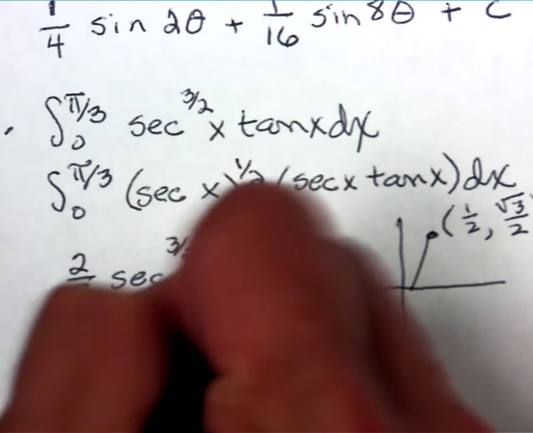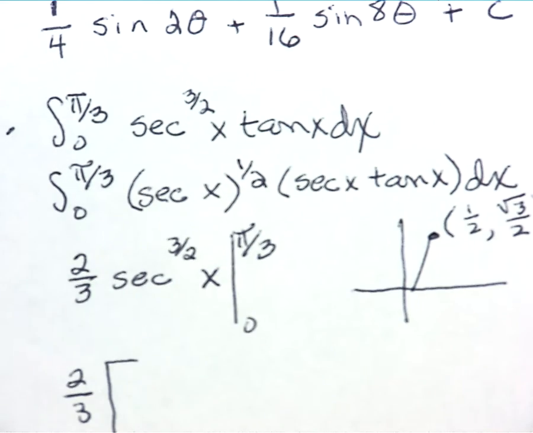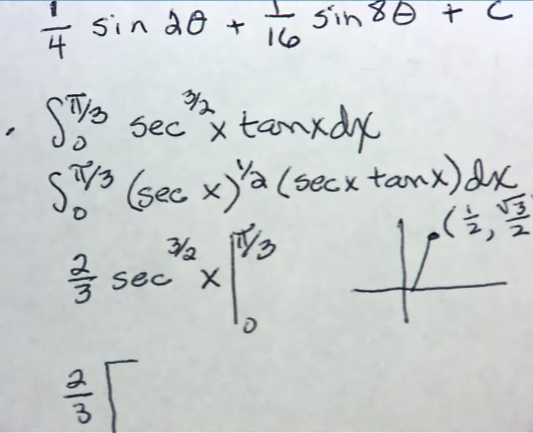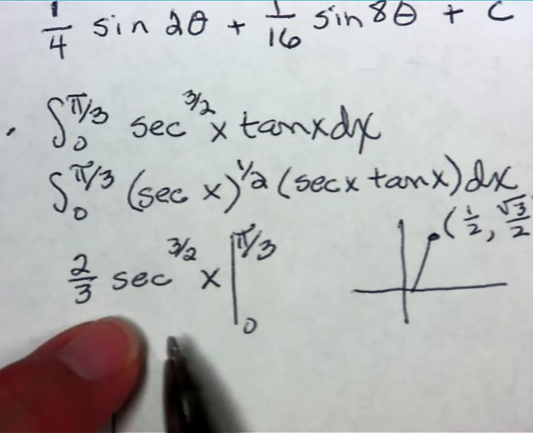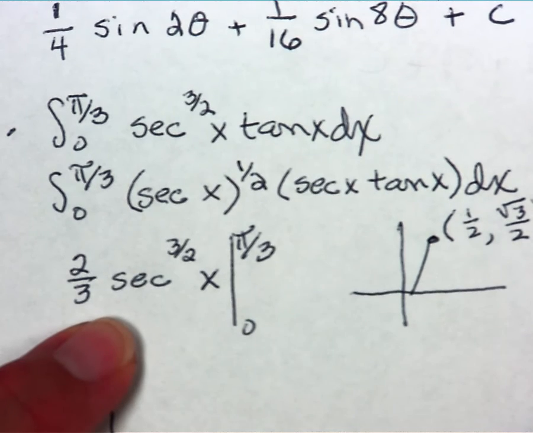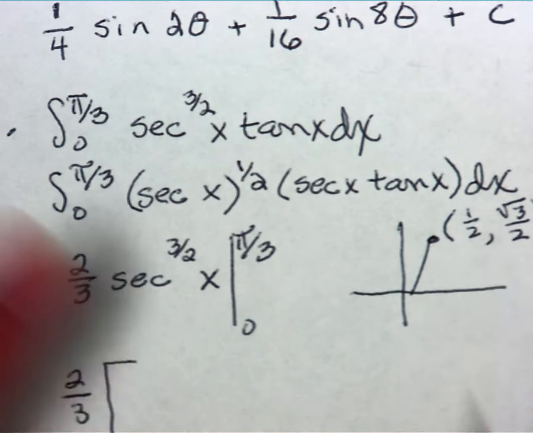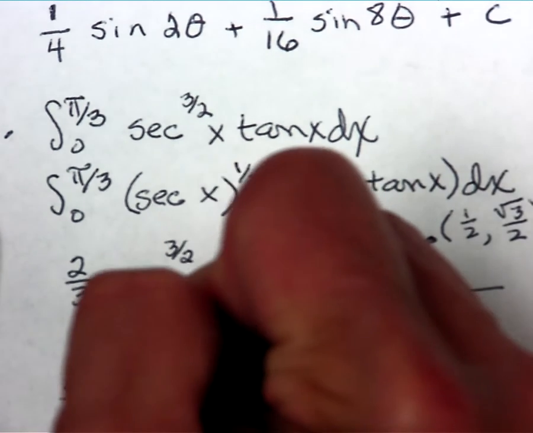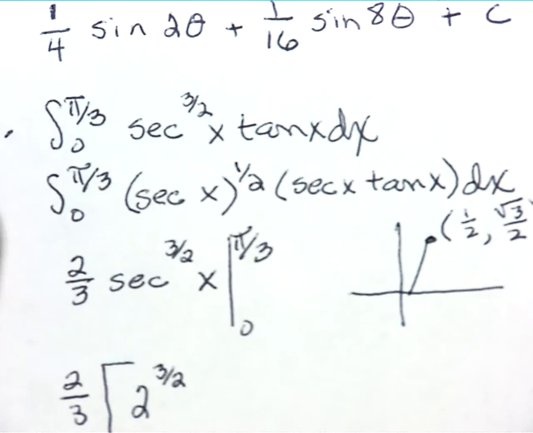I'm going to just keep that 2/3 outside brackets and say secant of pi over 3 is 2, and so I have 2 to the 3/2.